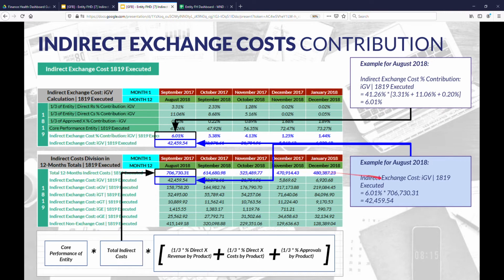So 706,730.31 times 6.01% equals 42,459.54, which is these two, where you can see the results on both types of tables. This would of course apply to other products as well, and also to other types of data.